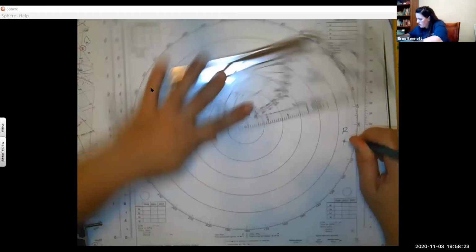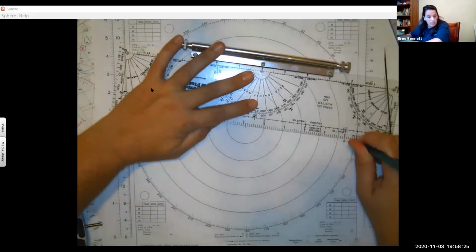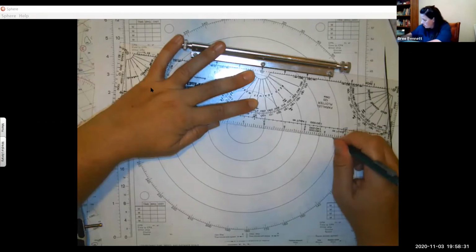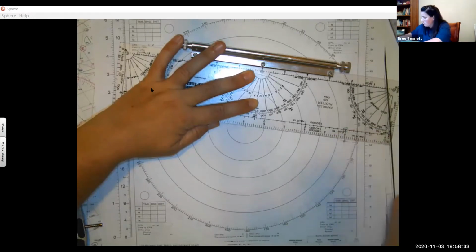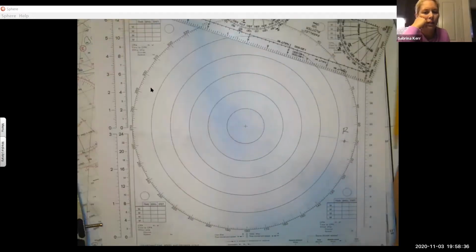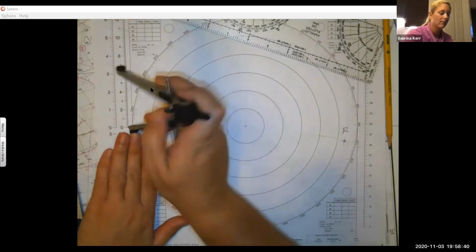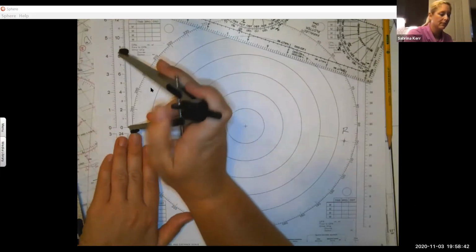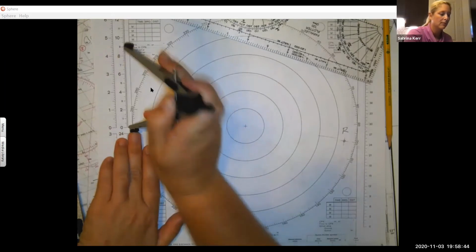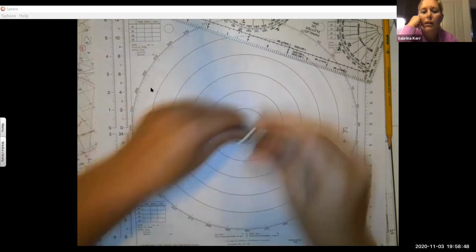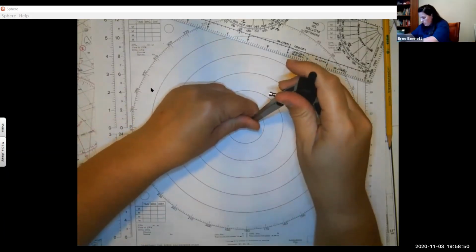I feel like this is easier for me to see. 99 at 9.4. It's going to be... and what do we label this one?